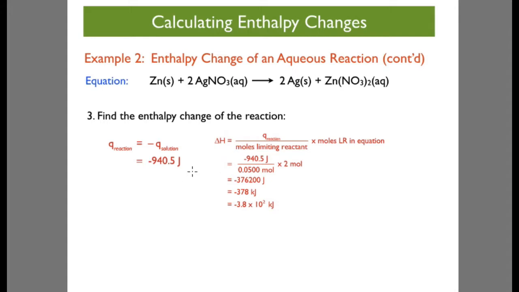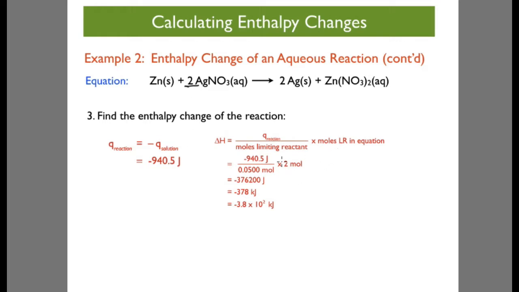So we now know the joules given out for a particular amount of moles. We know that the heat of the reaction here, which is calculated, is for the particular moles of the limiting reactant. And if we want to find out what it is for 1 mole, you multiply it by the moles of the limiting reactant in the equation, which in this case was 2 moles.